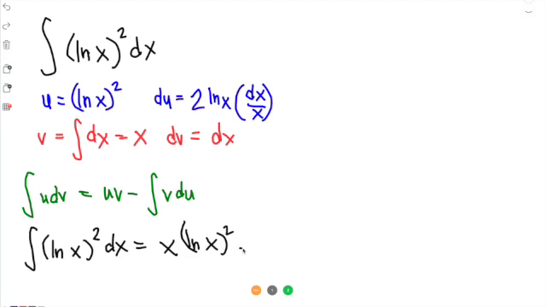Then what remains is minus the integral of v du. So v is x times 2 ln x dx over x. Let me write that down, let's put v in red. v is x multiplied by 2 ln x dx over x.